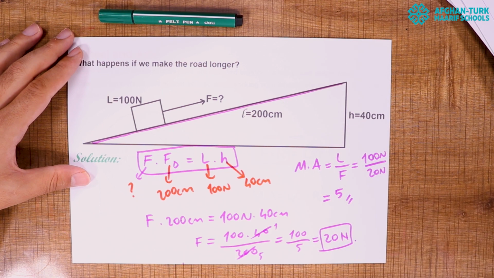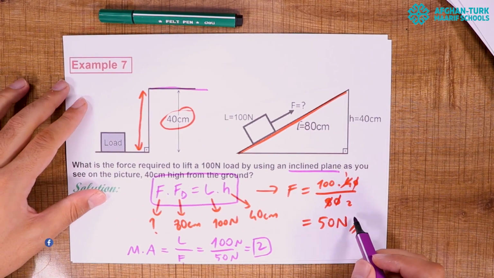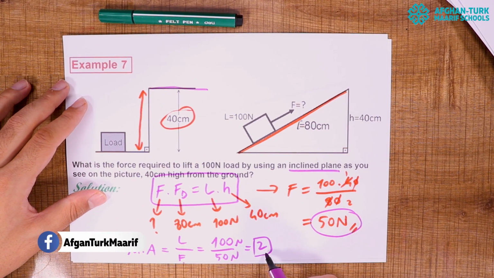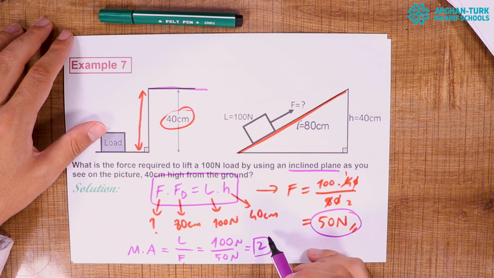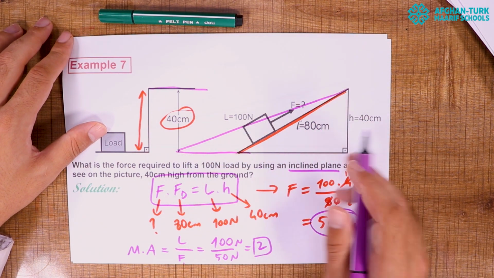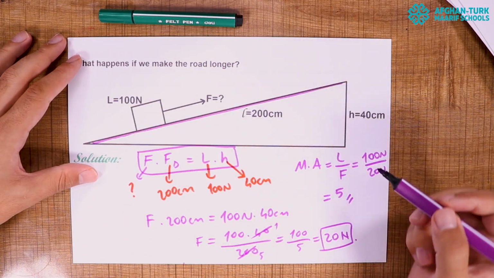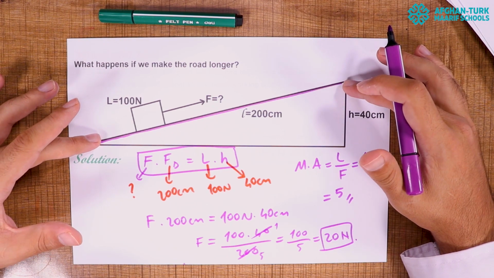It was 50 Newton before, as you can see, and the mechanical advantage was 2. But if I make the road longer, it turns out that the force will be decreased because we make the road longer.